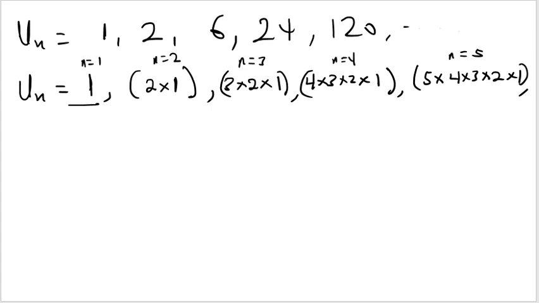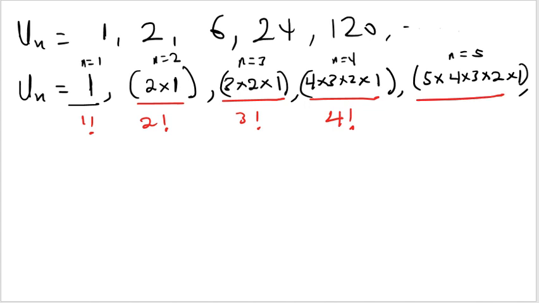Now this value is called 1 factorial, this is called 2 factorial, 3 factorial, 4 factorial, and 5 factorial. Therefore, if I want to find the first term, it's just 1 factorial.